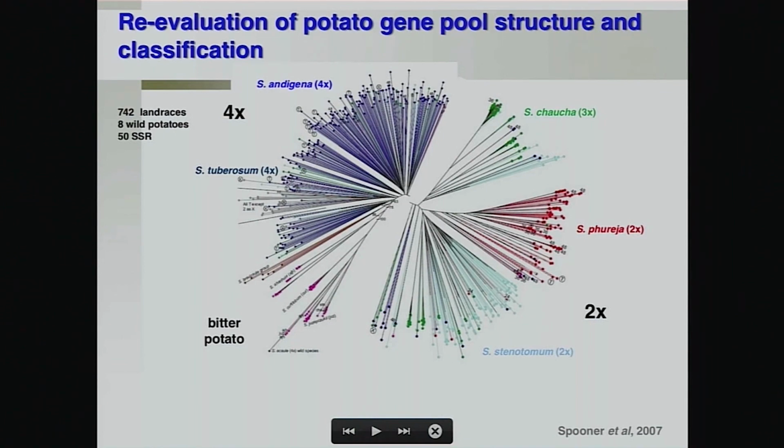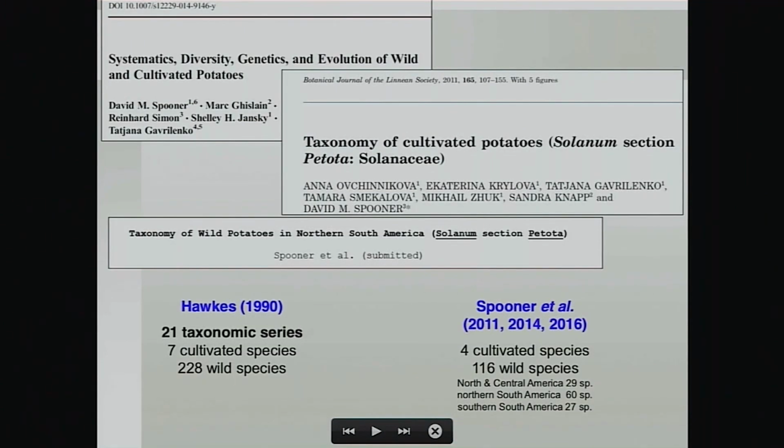But the bitter potatoes that are triploid, tetraploid, and pentaploid are all together, and those are 3 different species. Chaucha is here, but mixed with the Stenotomum, Phureja here, and some indigenous here, as you can see. We can say nothing. Even though the authors say that they can define 4 species here, really we cannot keep 4 species here with this at all, but they say it, okay?